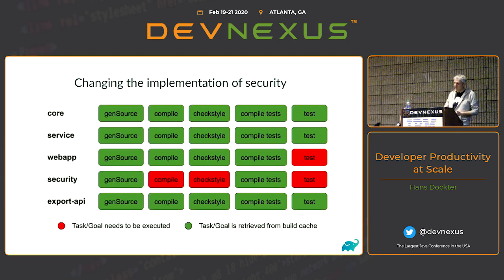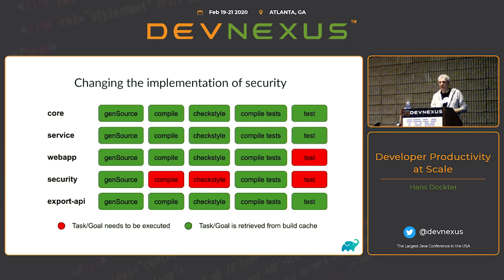The build cache is smart because you only changed the implementation detail of a method. We don't need to recompile the test. We need to rerun the tests for security because the implementation has changed. For web app, we don't even need to recompile, because we only changed the implementation detail of security.